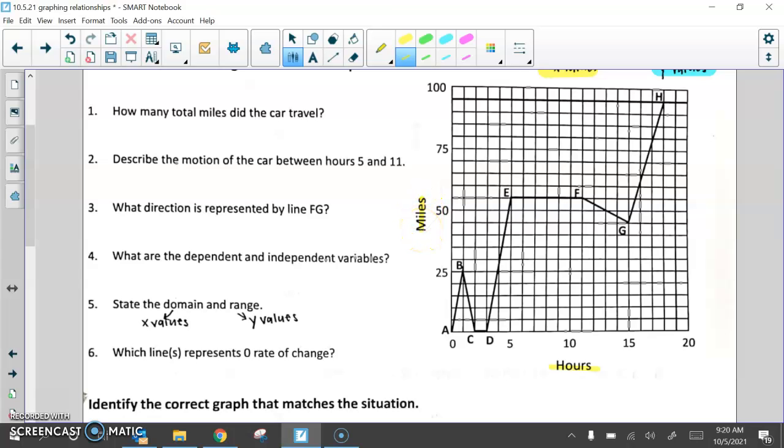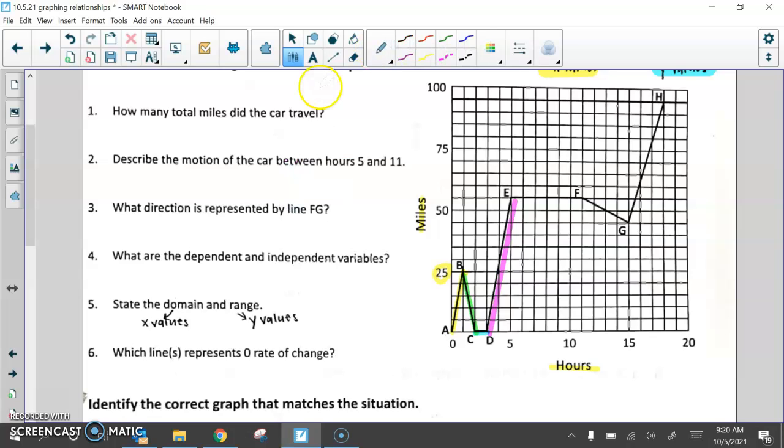So when we're doing it, right here, the car traveled from A to B, it went up to this 25 spot. So that's how we're going to end up doing number one. We have to go A, B, B, C, C, D, D, E, and so on throughout the whole graph.